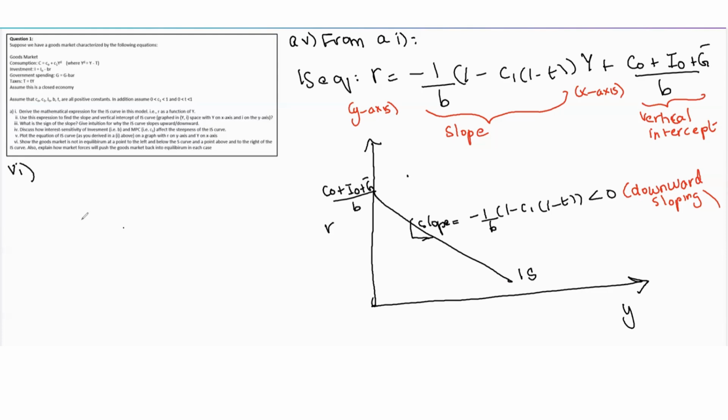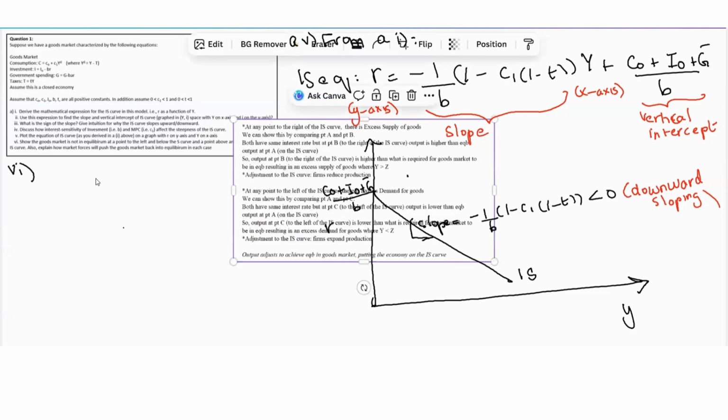Part 6 is about how, on the IS curve, all points represent points where the goods market is in equilibrium. Now we want to see, what if you're not on the IS curve?